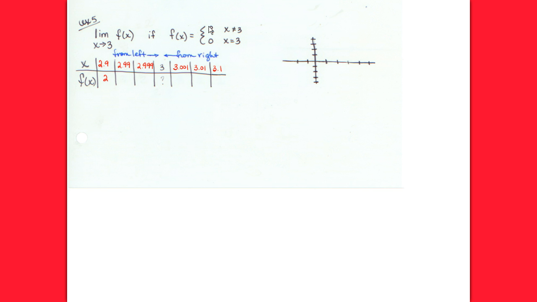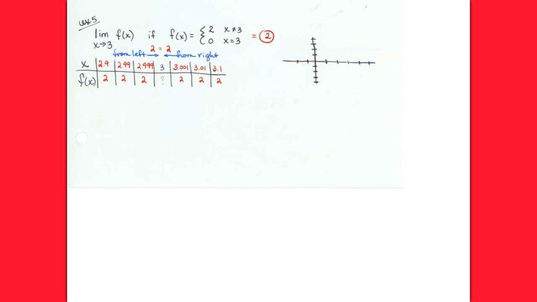How about when I plug in 2.99? Do I get 0 or 2? 2. When I plug in 2.999. And as a matter of fact, all the way across this table, every single value that I'm going to plug in is not going to be equal to 3. So therefore, I'm going to get an answer of 2, right? So if I were giving the limit from the left, what would you say it is? 2. How about the limit from the right?